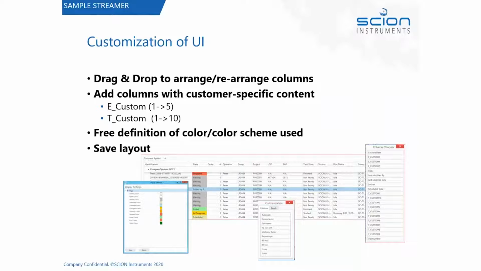We have that available in Sample Streamer so that you can enter that variable at the LIMS stage, and it will automatically be pushed through into Compass so that Compass has the correct details and can make the calculation that you need, or whatever special use of any variable that you have. You can definitely control that from within Sample Streamer.